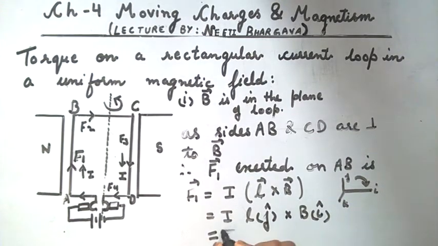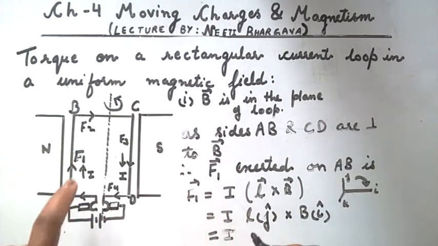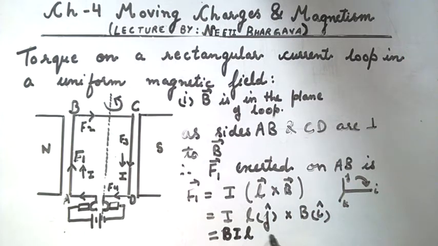Therefore, J cross I is minus K cap, that is along negative Z axis. So F1 equals BIL minus K cap. This shows that the force is acting into the plane of the loop.